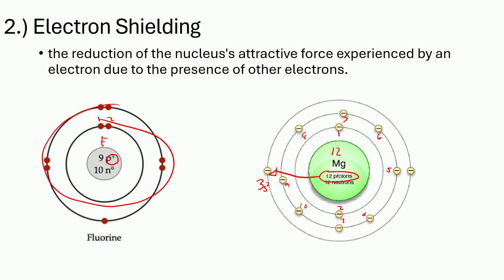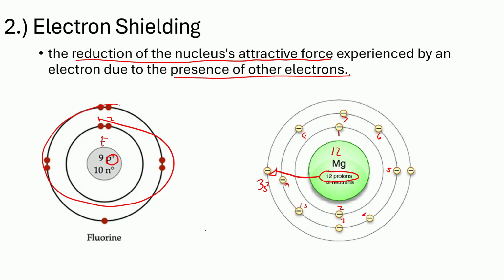Thus, as per our definition, it's the reduction of the nucleus attractive force experienced by the valence electrons due to the presence of other electrons.